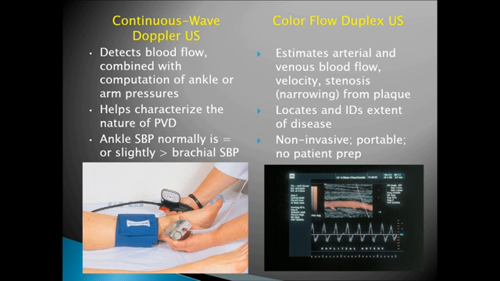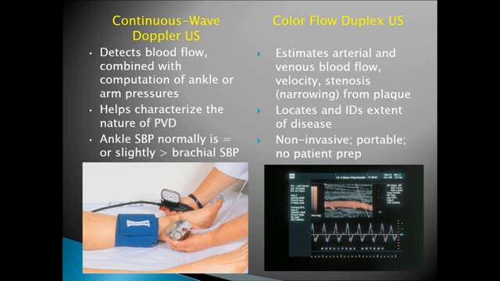There's also something called a color flow duplex ultrasound. This looks at the actual velocity and blood flow, both in the arteries and the veins. It can also identify if there is stenosis, so narrowing of the arteries, typically from plaque. We always talk about fat or plaque buildup in relation to coronary artery disease, but the reality is that it doesn't just happen in the coronary arteries.